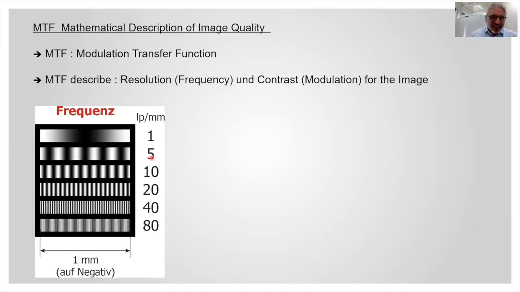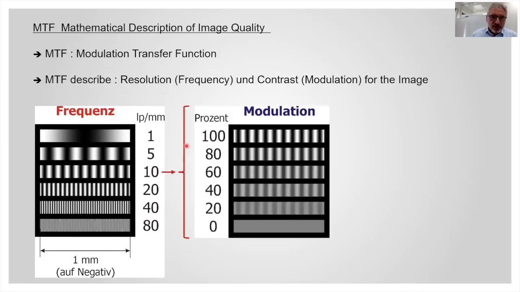If we talk about modulation, 100% means that white is white 100% and black is black 100%. If we look here at these 10 line pairs, modulation 100% looks like this, 60% looks like that, 20% you can still see the structure of the modulation, but the contrast is very low, and 0% you see nothing at all.